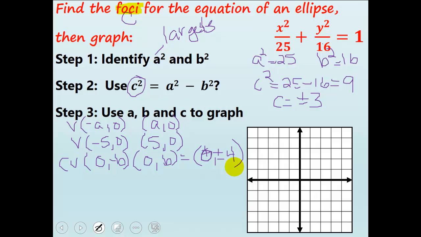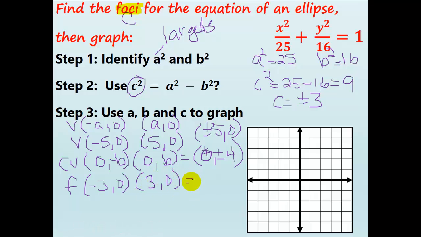This shorthand would be plus or minus 5, 0. Sorry, my voice is getting crumbly. All right, now my foci, they have to lie on the same axis as my vertices. So that means that my foci also have to go in the x spot. So I get -3, 0 and 3, 0. And in shorthand, that's going to be plus or minus 3, 0.